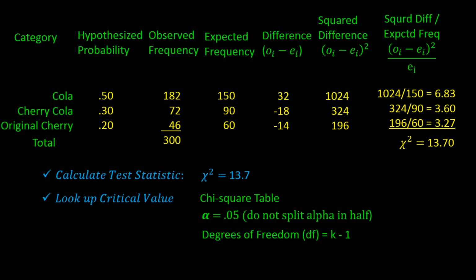We have 3 categories in this example, cola, cherry cola, and original cherry, so our degrees of freedom would be 3 minus 1, which is 2. So we have alpha of 0.05 and degrees of freedom 2. Now we can look up the critical value in the chi-square table.